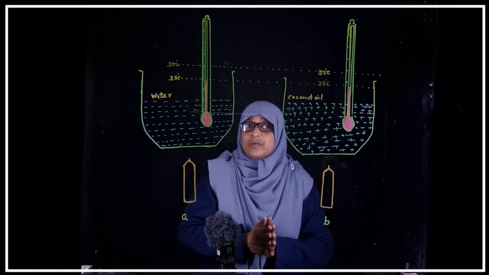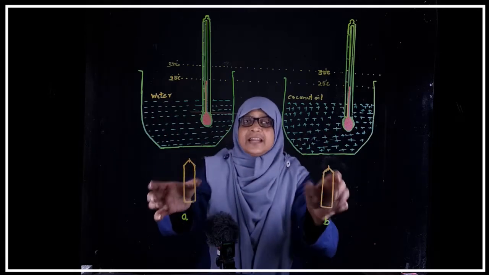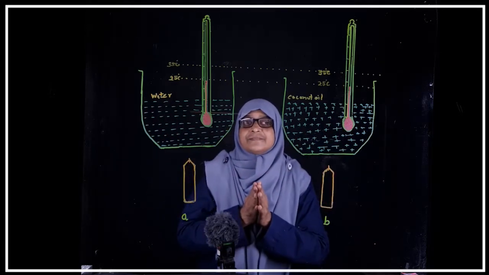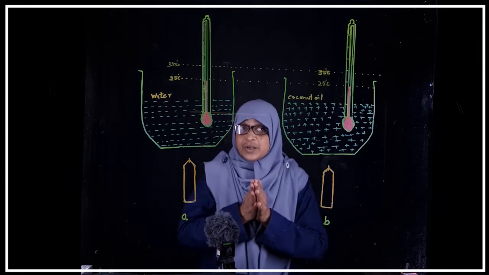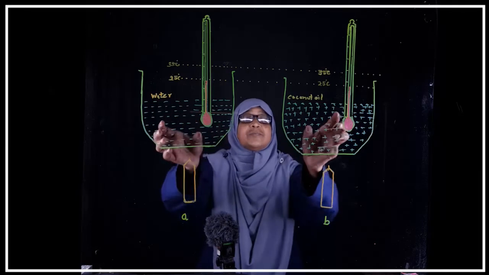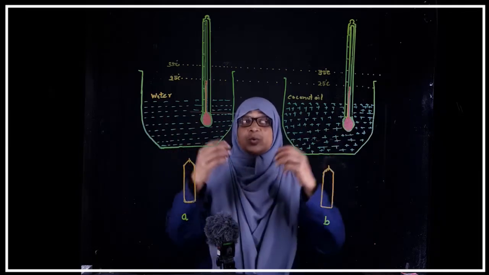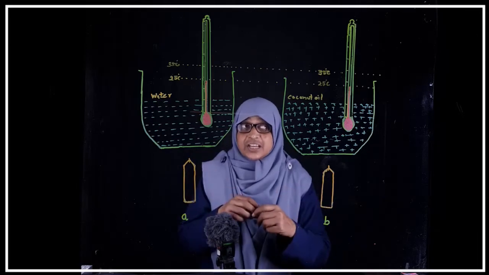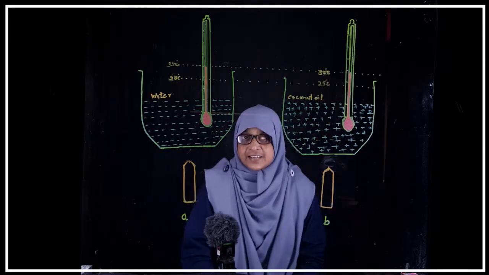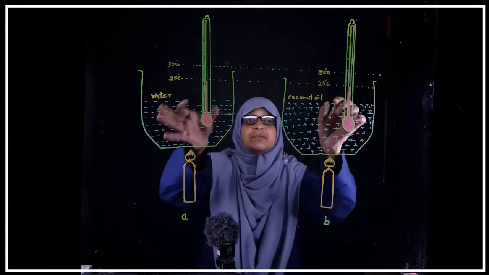Now we are going to heat these with the candles, and we are going to observe the energy consumed by these different liquids to increase the temperature by 10 degrees Celsius. Okay, now we start to check the thermometers.